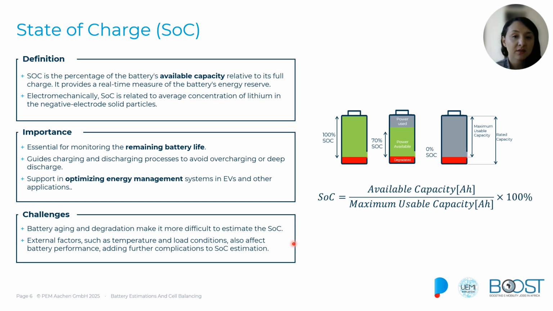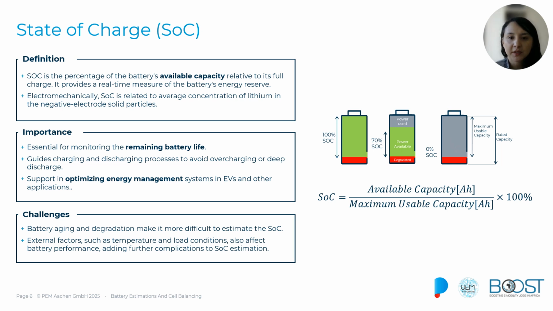One of those is that over time the battery capacity decreases. That is the degradation that we are showing here in this figure, represented by the red shadow. And that degradation makes it very difficult to accurately predict the available charge.